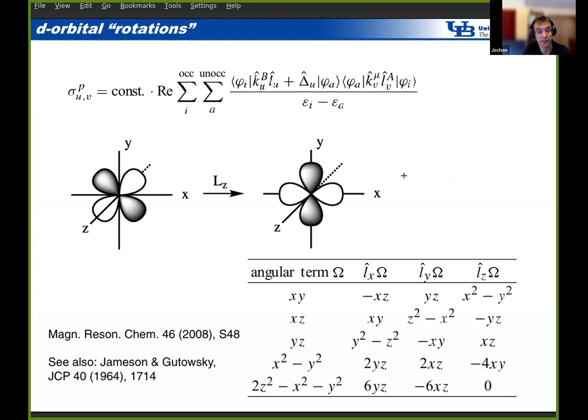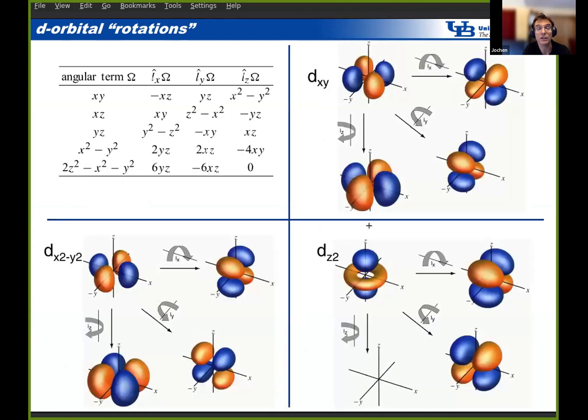So in the article, and that's the article right here, and also on my webpage, I provide some information about how you apply these orbital rotation models.